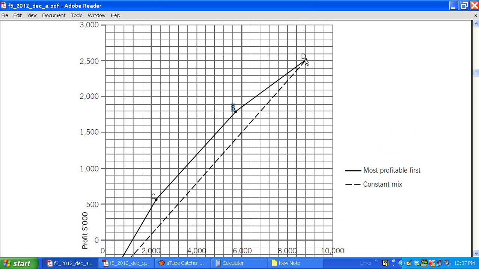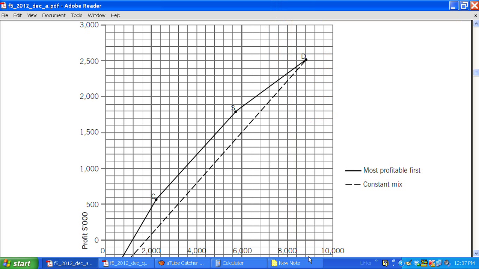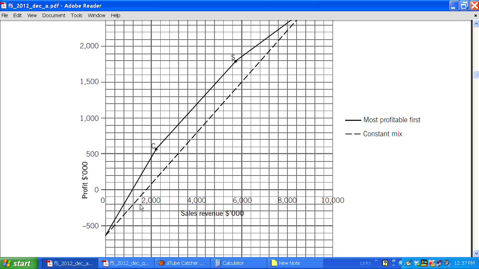Then finally point D, which is a revenue of 2.52 versus a profit of 840. Then you join this by a straight line.